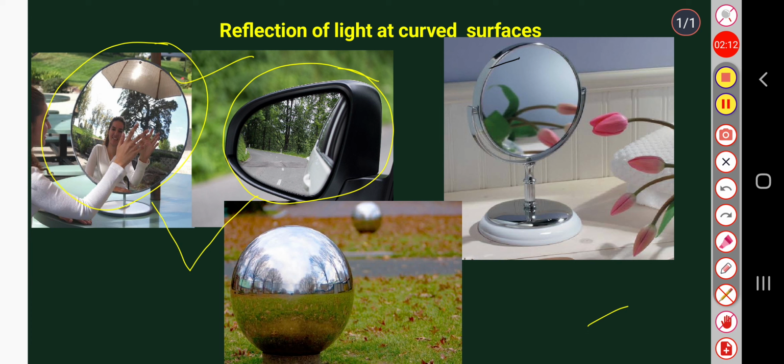Is it a diminished image, an enlarged image, or is the size of the image equal to the size of the object? Absolutely, the right answer is that the size of the image is less than the size of the object. Whereas if you see this mirror, have you seen this type of mirror in day-to-day life?